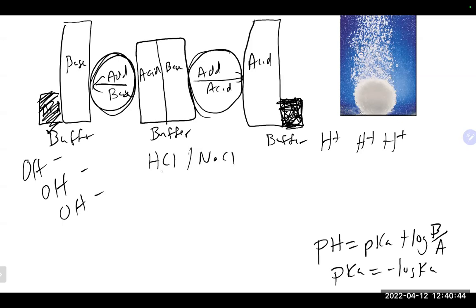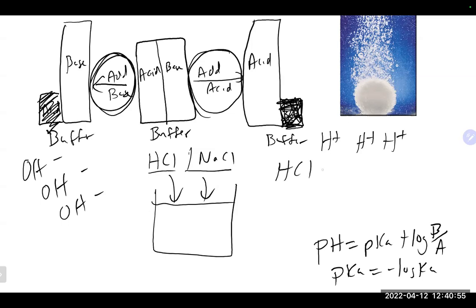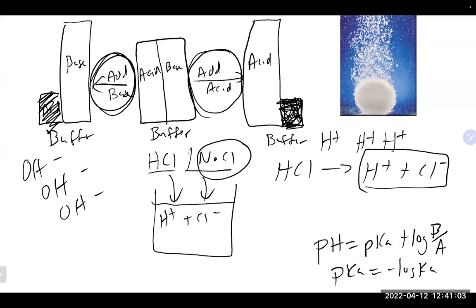Now, the reason you can't have a buffer that's composed of these two things is when we go to put it into the beaker together, the HCl will 100% break apart into these two guys, which means in the actual beaker, that is pretty much what you have. That is sodium chloride, right? Which will break apart into sodium and chloride.